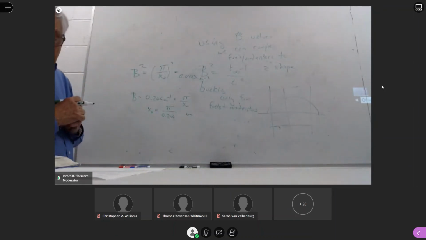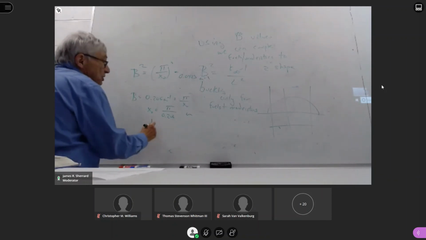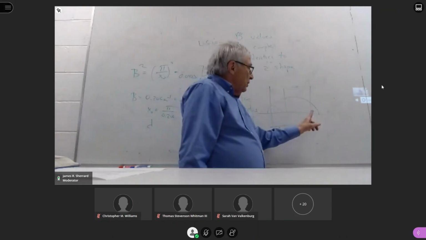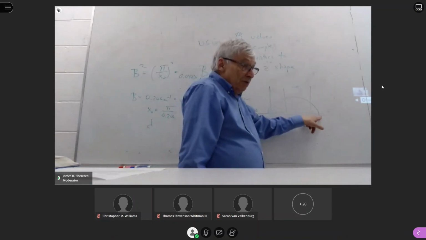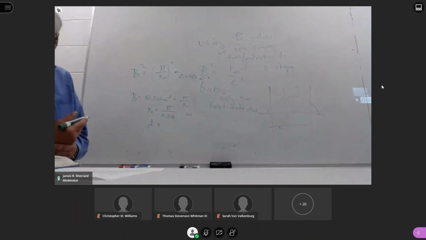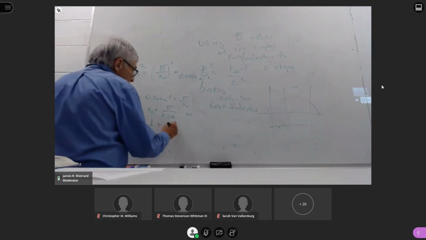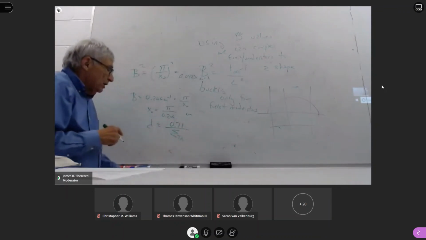Then we can relate that back to the geometric dimension by that little d that we had, which is the distance between the geometric boundary and where the flux goes to zero. They show you how to develop that, but it is equal to 0.71 divided by the macroscopic cross-section for transport.